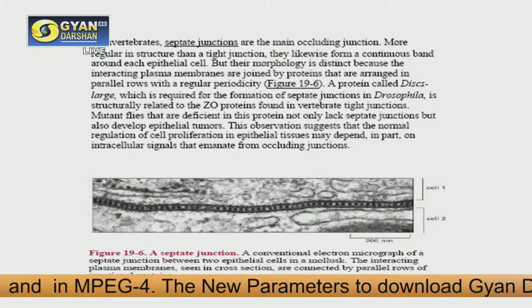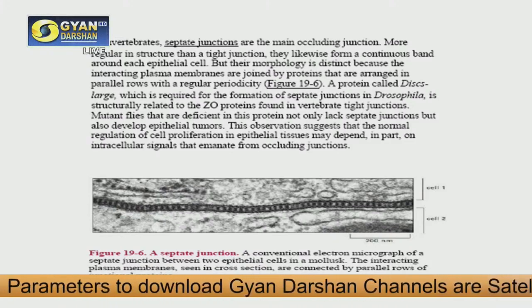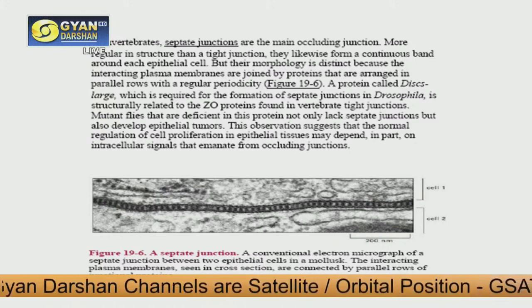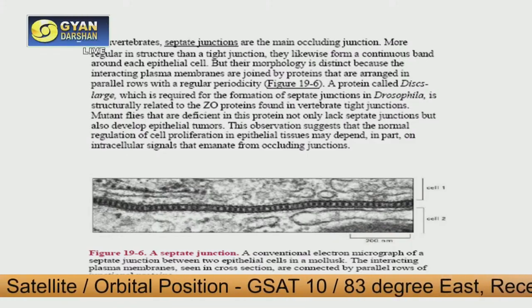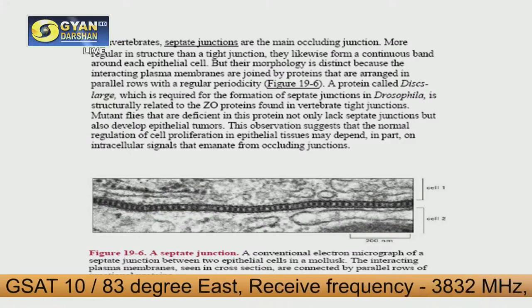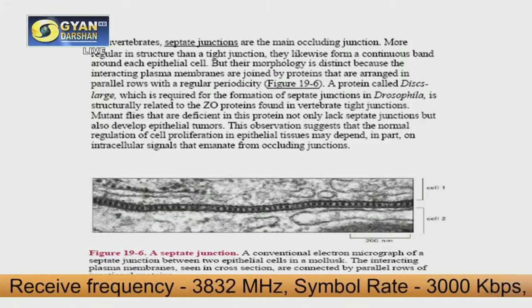That means they also take part in the cell signaling process, that is, the relay of intracellular signals. And these signals actually originate from the occluding junctions. So if these proteins are mutated, then there is tumor formation in the epithelial cell layer.